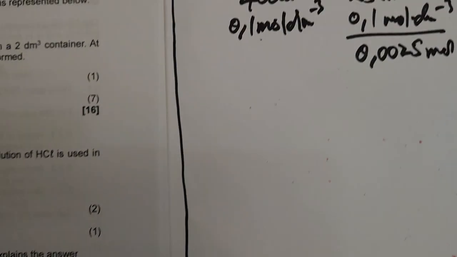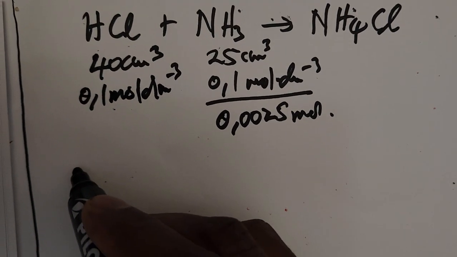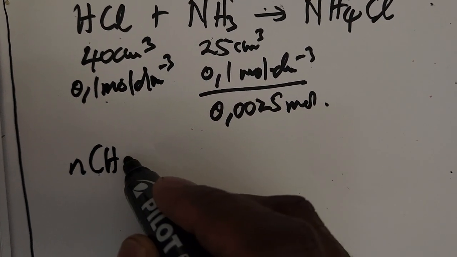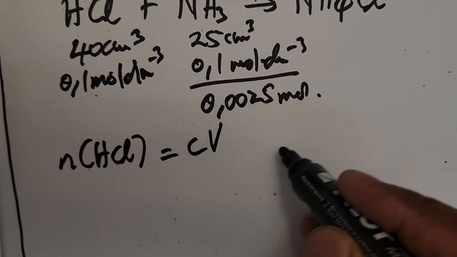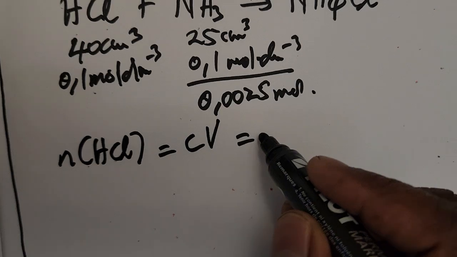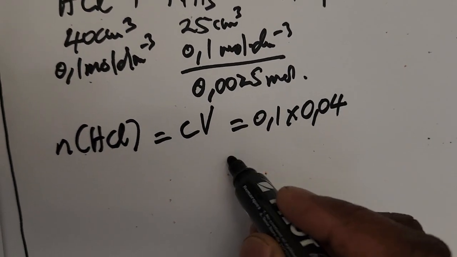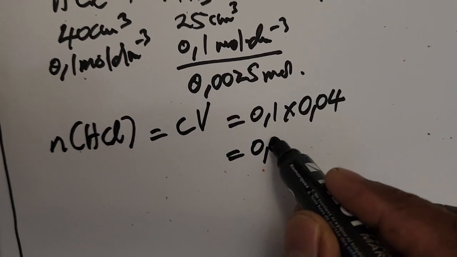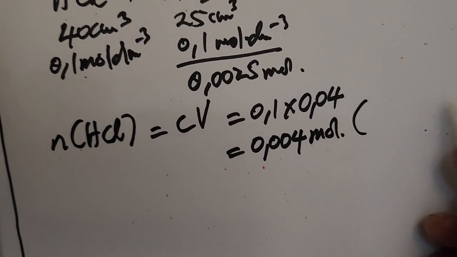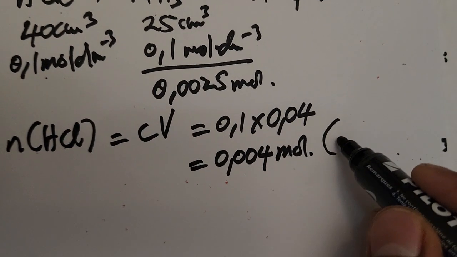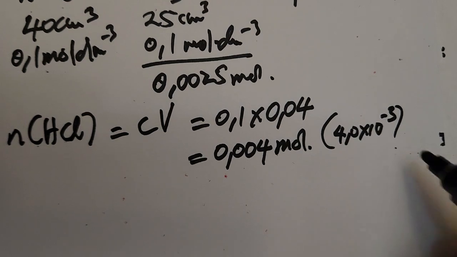Now we need to find firstly the number of mole of HCl. That's our first mark. We'll just say number of mole of HCl in this case will be CV, which is the same as 0.1 multiplied by 0.04. The answer will give you 0.004 mole, which those who want scientific notation, you will have 4,0 by 10 to exponent minus 3 mole.